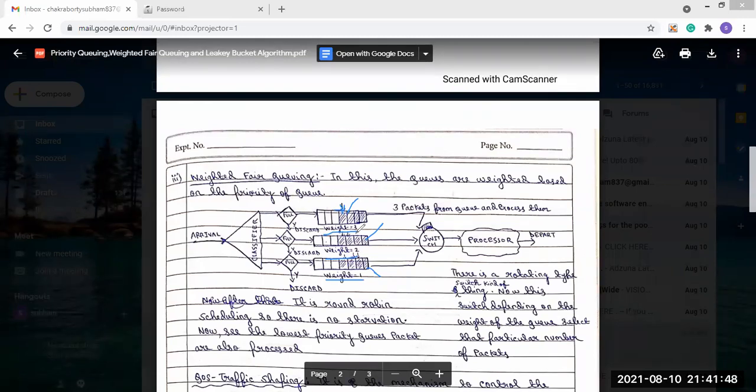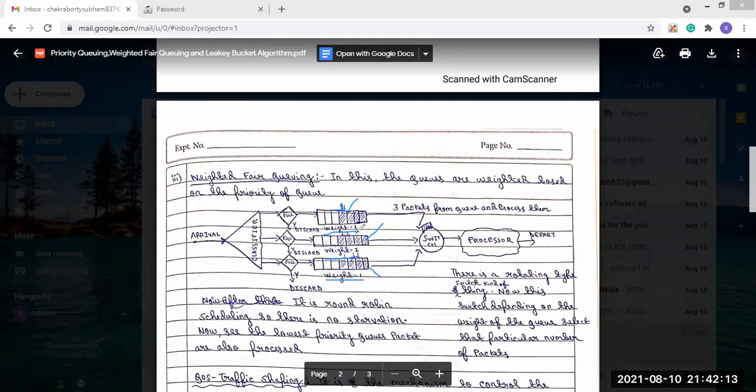Then again the switch rolls over and comes to the third queue. In the third queue, the weight is 1. So only 1 packet should be chosen from here. It is passed to the processor, the processor processes it, and it is departed.